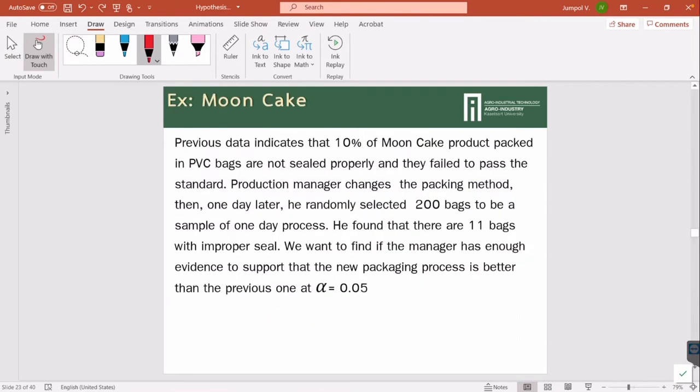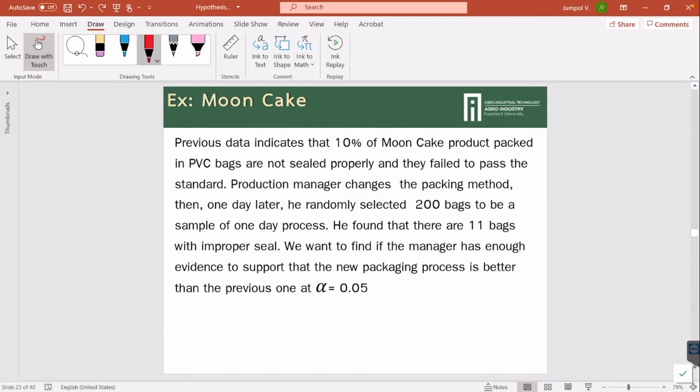Let's see the example. We have a mooncake product, and we know that the defective bags are about 10%. The production manager changed the packing method, and he wants to check whether this new method is better than the old one or not.